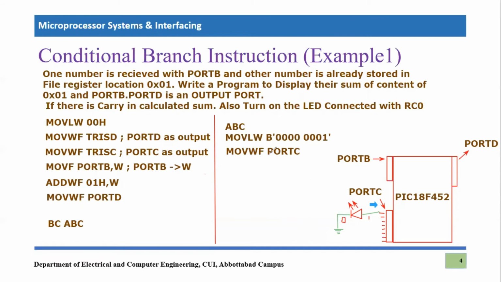But this branch, or this specific task, will be accomplished only when there is a carry. If there is no carry, what will happen? Branch if there is no carry, so we will jump to another label, let's say ABC1.